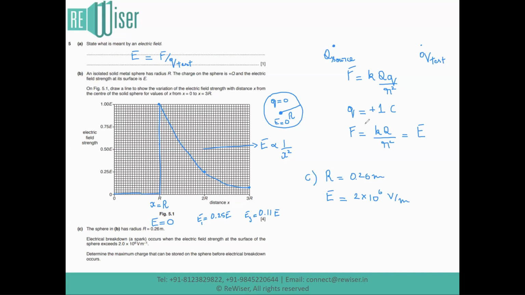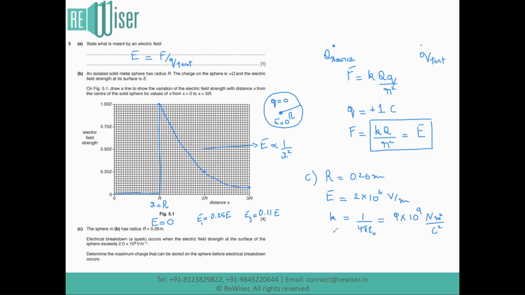So as we've discovered here, the formula for electric field strength in terms of a source charge which produces the field can be written as E is equal to kQ over r square, where k is a proportionality constant, which is abbreviated as 1 by 4 pi epsilon naught, and its value is taken from the data booklet as 9 into 10 to the power of 9 Newton meter square per Coulomb square.